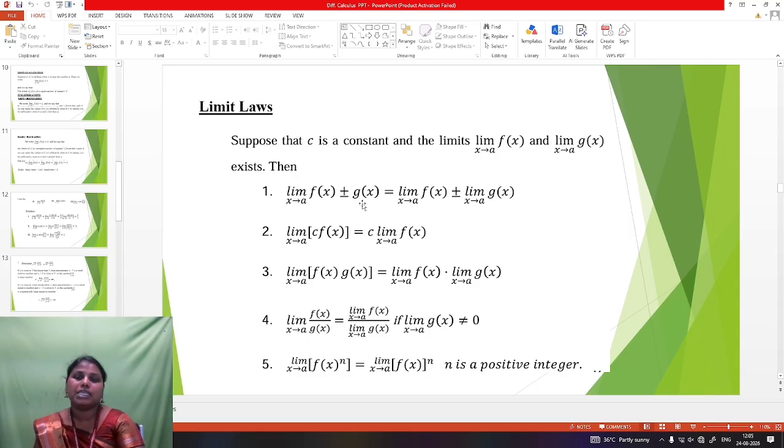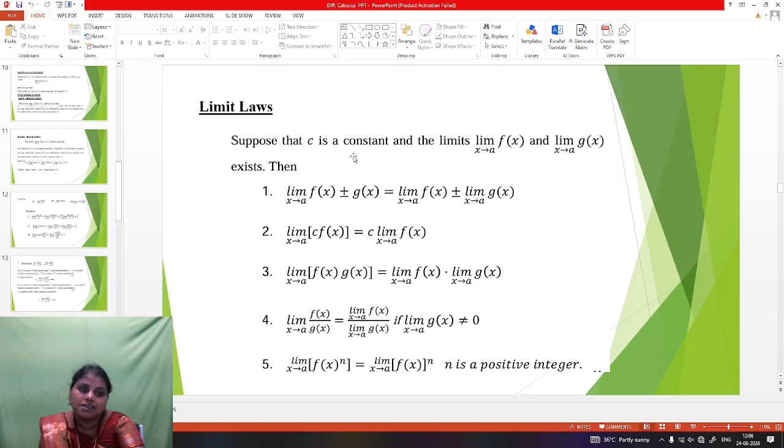Next one, limit laws. Some laws apply for the questions in differential calculus. Suppose that c is a constant value, and the limit as x tends to a of f of x and the limit as x tends to a of g of x both exist.